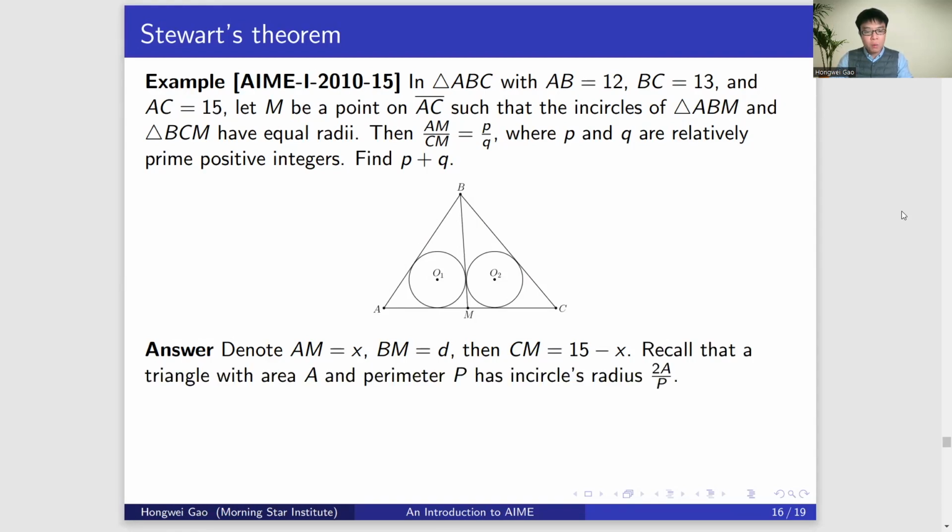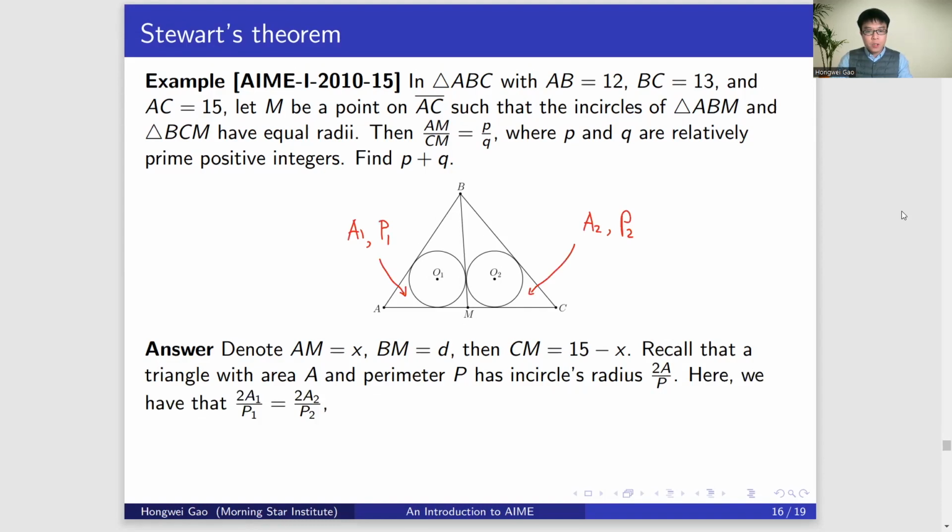For any triangle with area A and perimeter P, the incircle radius is 2A over P, or A over half P. Now, based on our notation, let's assume the first triangle ABM has area A1 and perimeter P1. The second triangle CBM has area A2 and perimeter P2.